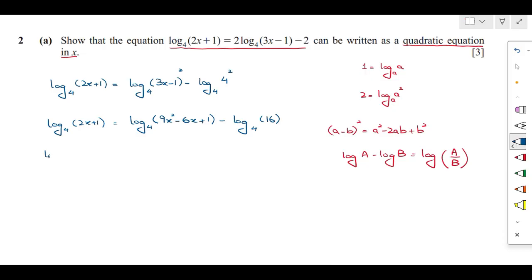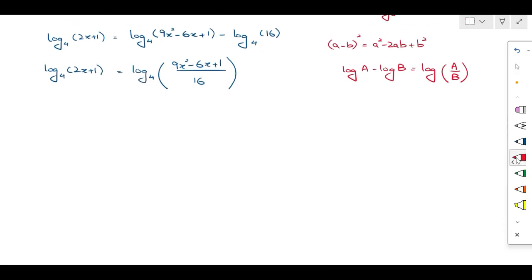Okay, so log 4 of 2x plus 1 is equal to log 4 of this argument divided by this one, (9x square minus 6x plus 1) divided by 16. Now on both sides we have the log, we can cancel log base 4 on both sides, right? Now here we are left with 2x plus 1 is equal to (9x square minus 6x plus 1) divided by 16.